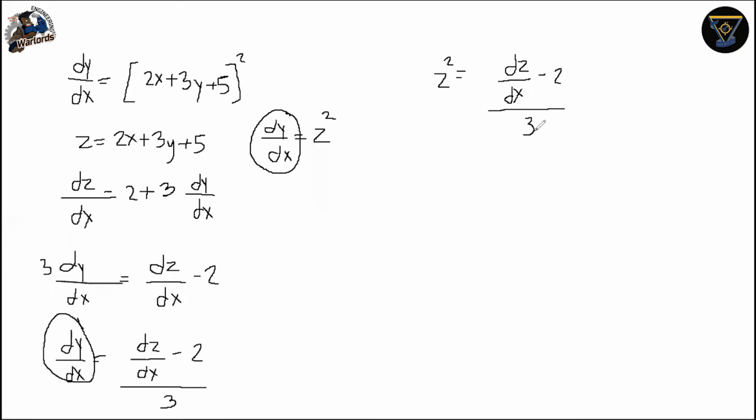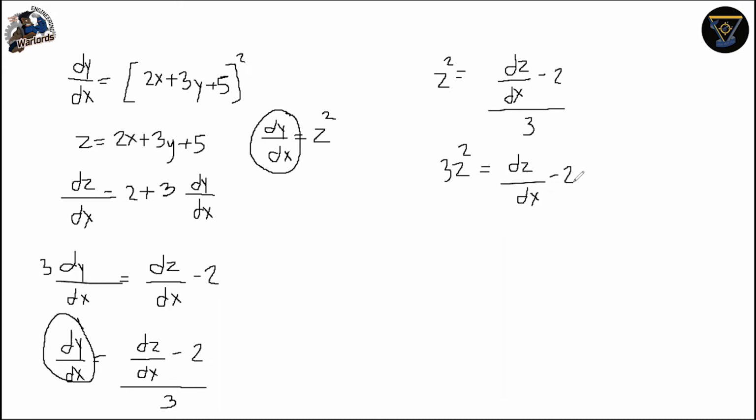If we put the 3 over this side, just cross multiplying, this will be 3 z squared is equal to dz over dx minus 2, right? Because this is variable separable, if you guys didn't know.